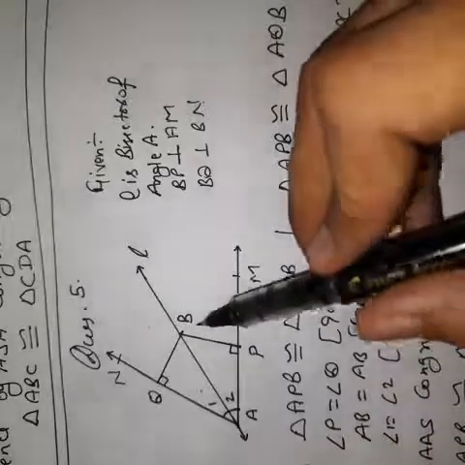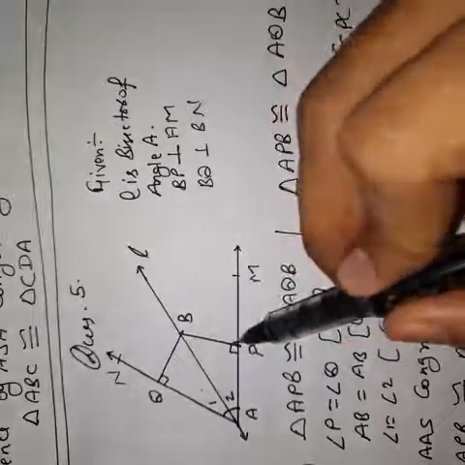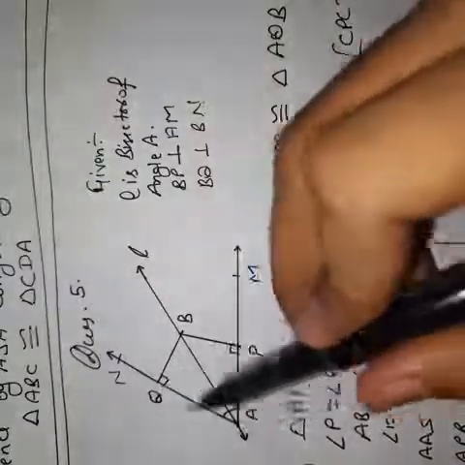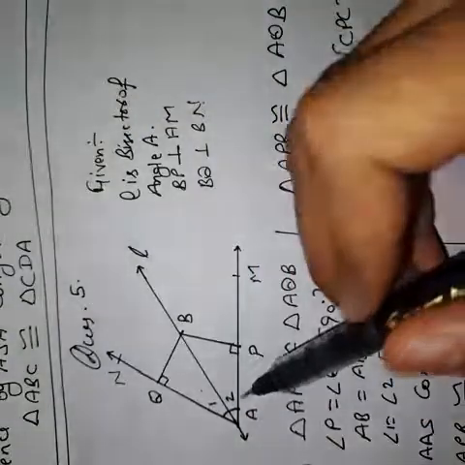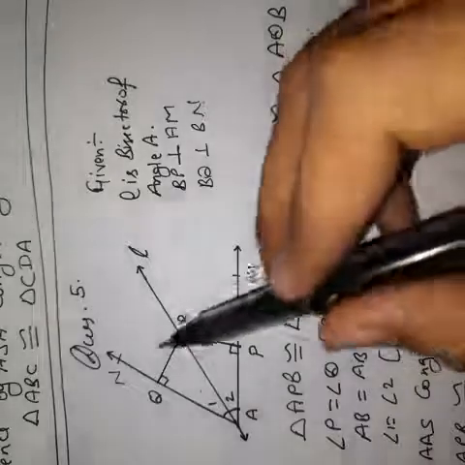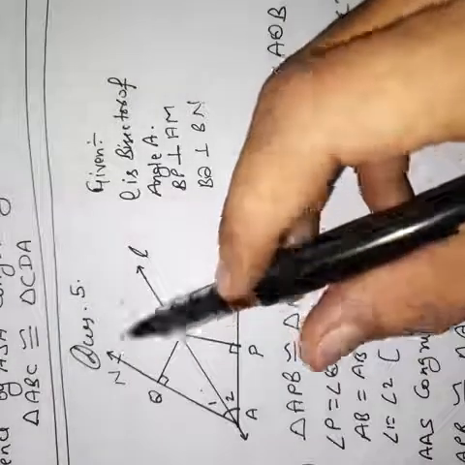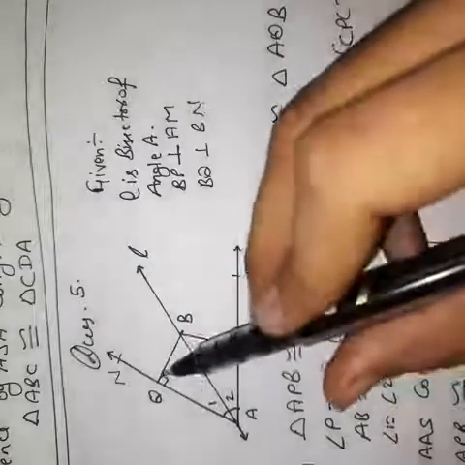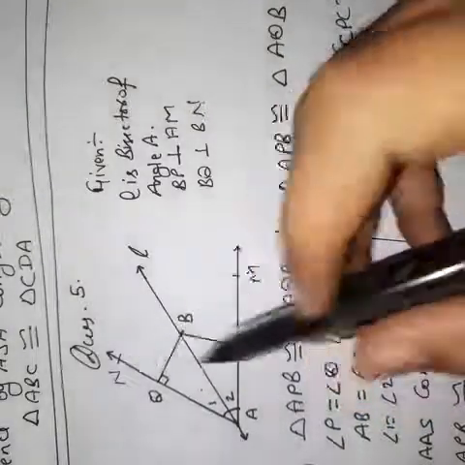It is also given that BP is perpendicular to AM and BQ is perpendicular to AN. I have named this point M and this point N.